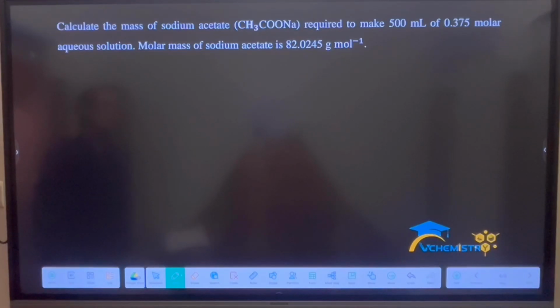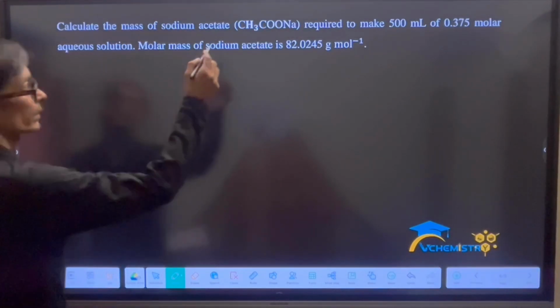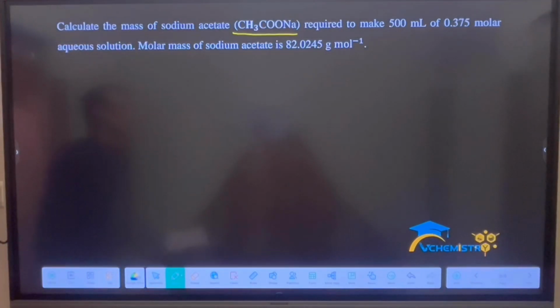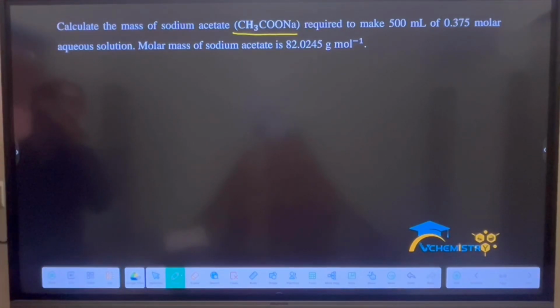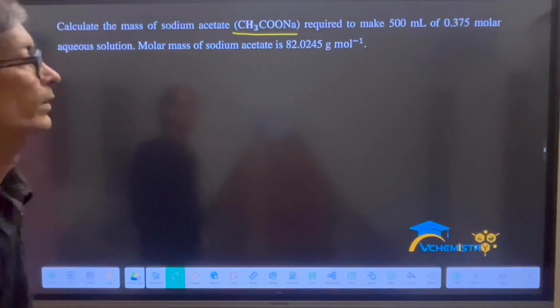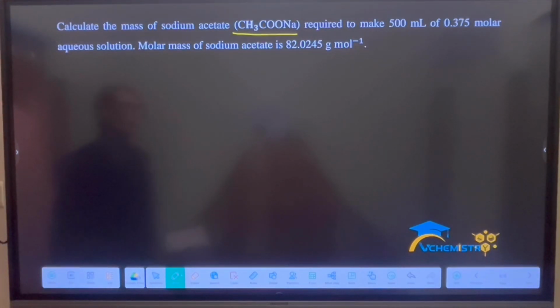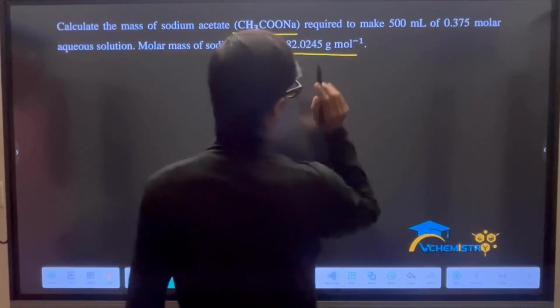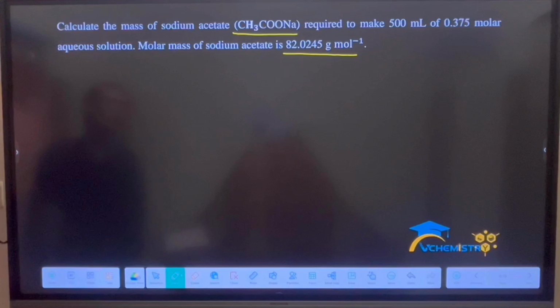Calculate the mass of sodium acetate, CH3COONa, required to make 500 ml of 0.375 molar aqueous solution. Molar mass of the sodium acetate is given. No need to calculate. So calculate mass.